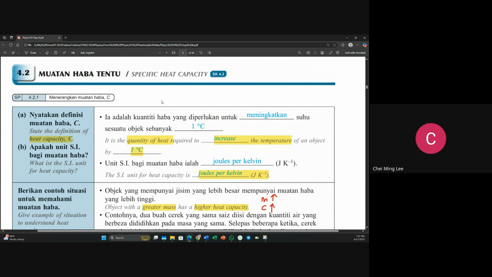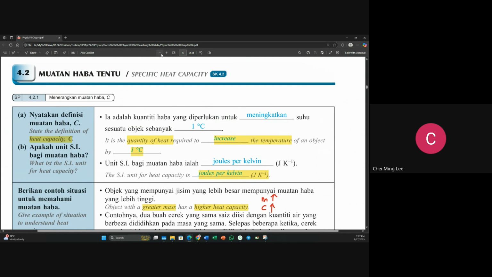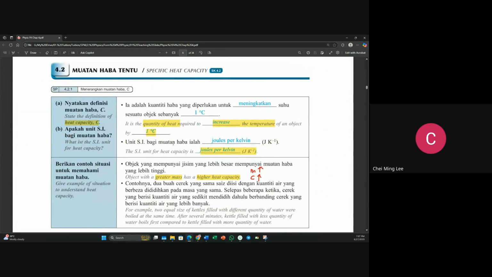All right, so let's see the specific heat capacity. Please take note on this one, it is very important. Before we start with specific heat capacity, we need to understand heat capacity first. Heat capacity is the quantity of heat required to increase the temperature of an object by 1 degree Celsius.